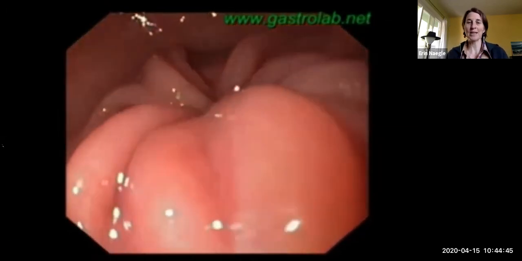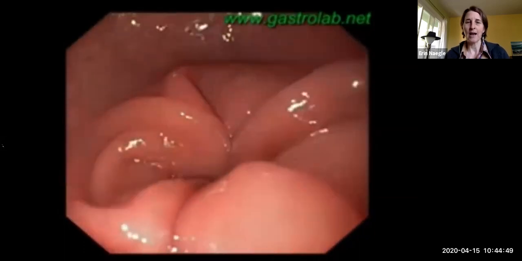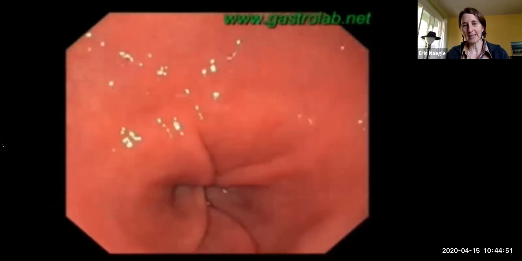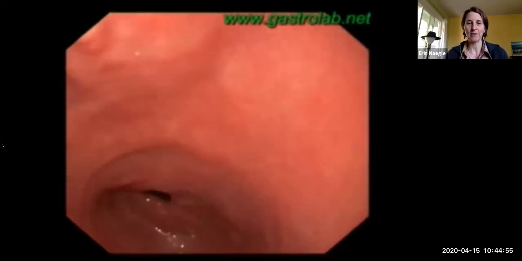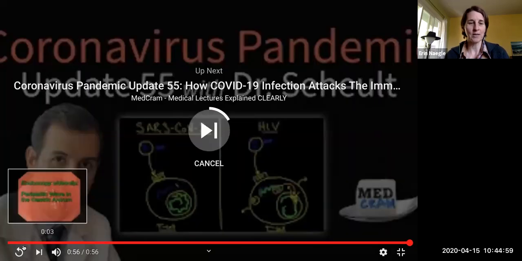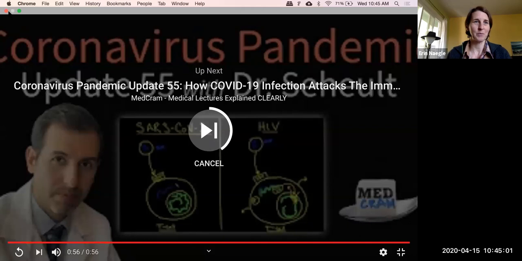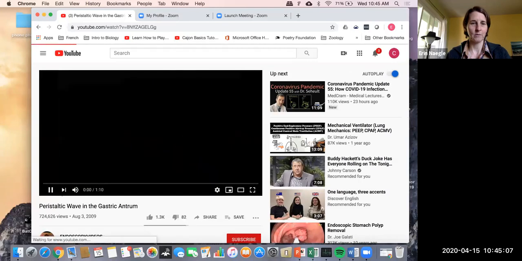So the strength of that peristaltic wave can increase as the stomach senses that it has food in it. It's got this entire enteric nervous system in the stomach. Actually, more neurons in your digestive tract than your spinal cord.